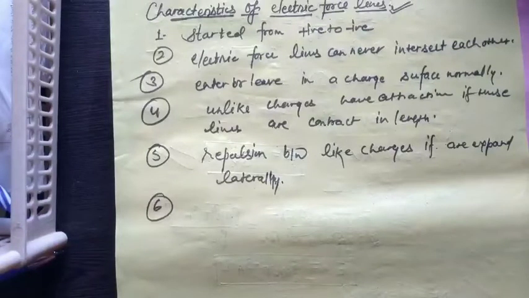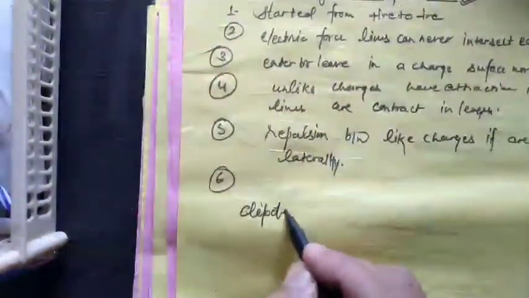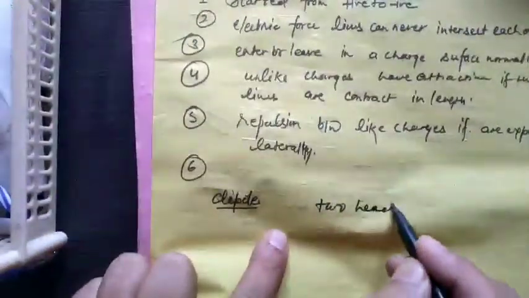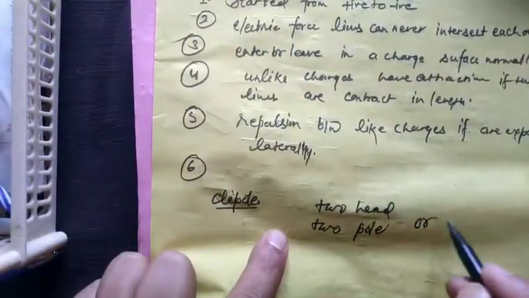Now we discuss the electric dipole. As we know, dipole means two heads, two poles or two ends.